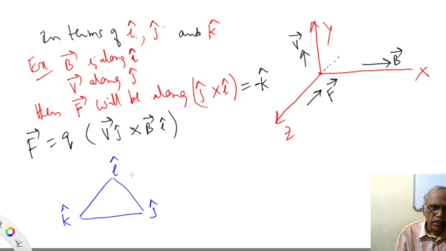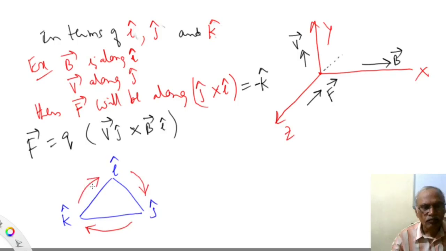I cross J is K, J cross K is I, and K cross I is J. I cross J is along K, along the Z axis. J cross K is along the X axis. K cross I is along the Y axis.